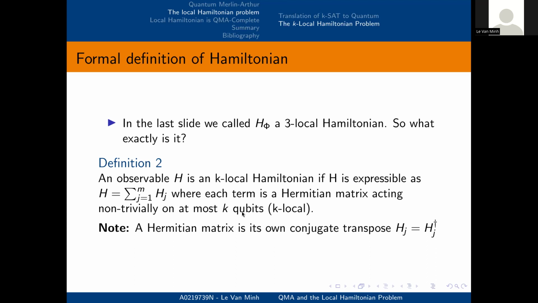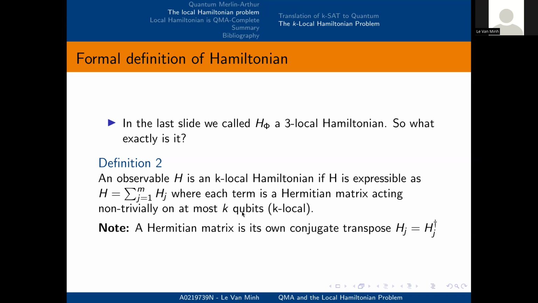So here is the formal definition of a k-local Hamiltonian, which is a new term that we use several times during this lecture. An observable H is a k-local Hamiltonian if it is expressible as H equal to the sum of m Hermitian matrices, and each of these Hermitian matrices only acts non-trivially on at most k qubits.